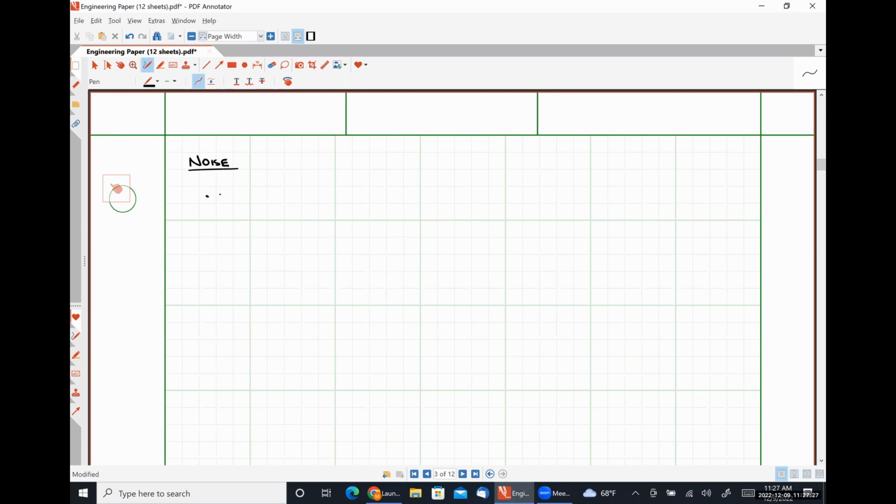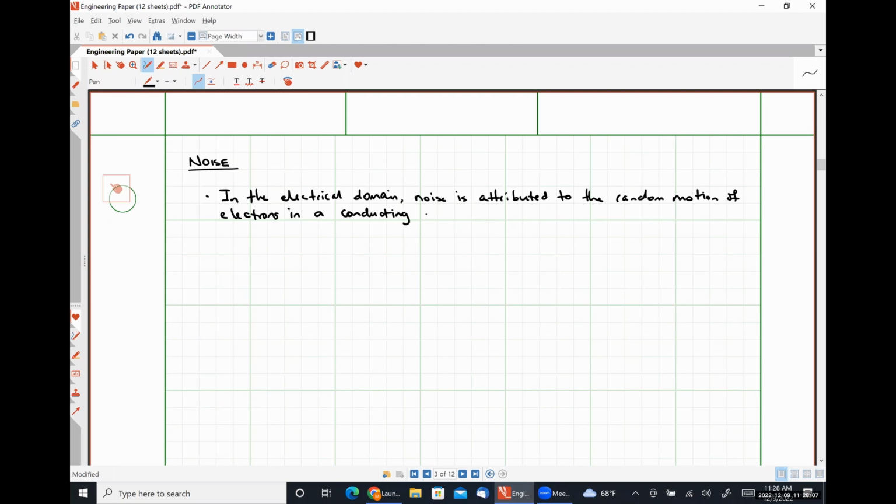So in the electrical domain, noise is attributed to the random motion of electrons in a conducting material.